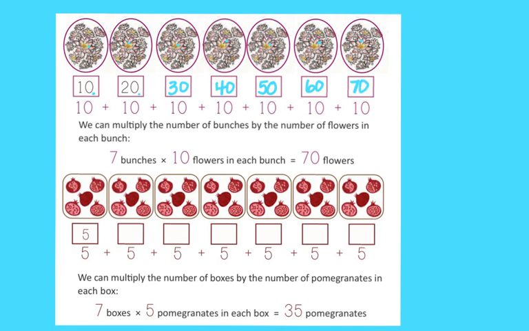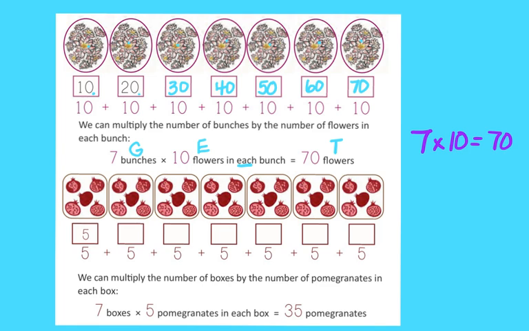So we have 7 groups, or 7 bunches, times 10 flowers in each group for a total of 70 flowers. So the way we would write that with a multiplication problem would be 7 times 10 equals 70.